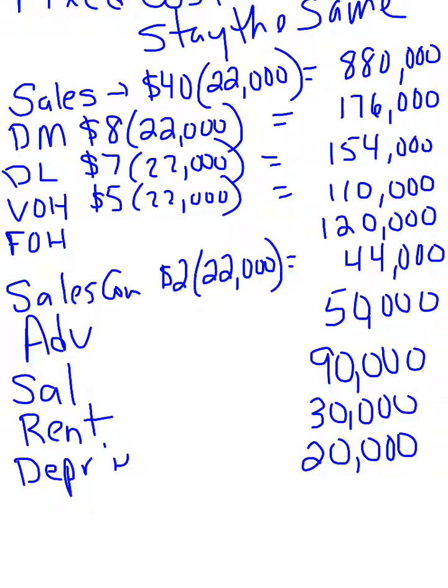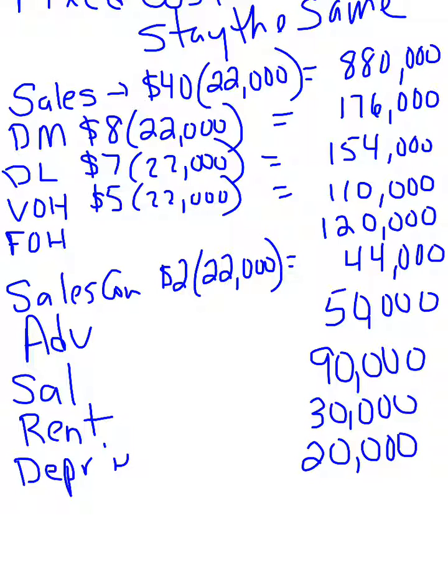And depreciation, which is also fixed, would be $20,000. So these would be the numbers that we would actually use when we go in and prepare a flexible budget.